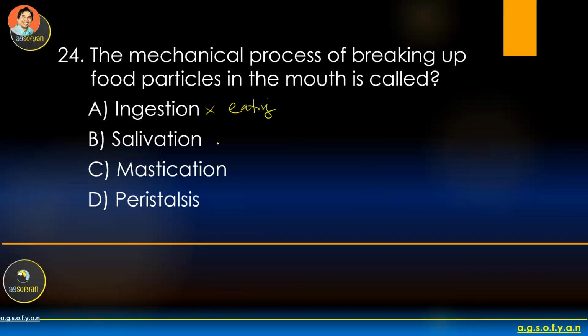Salivation is the production of saliva. Mastication is the process of grinding the food or breaking up the food particles in the mouth. So this is going to be the answer. It is done by our teeth.